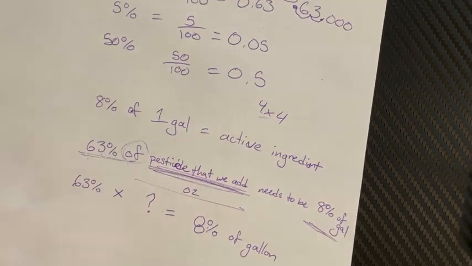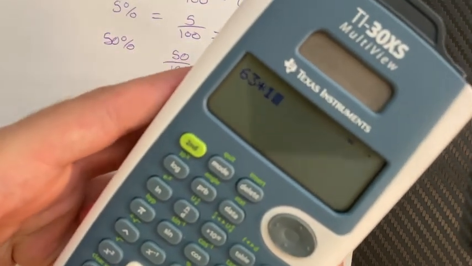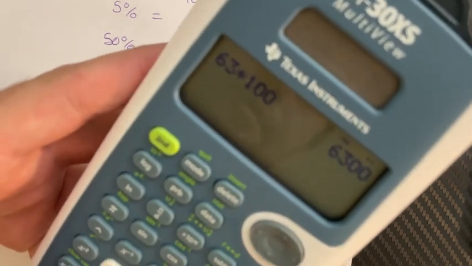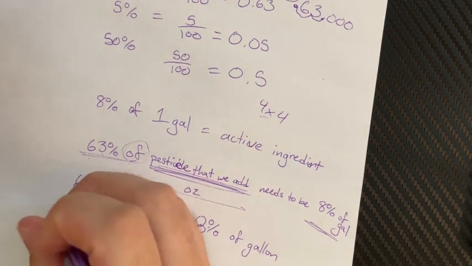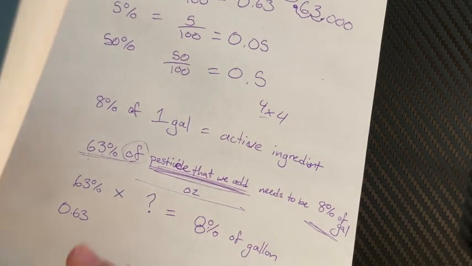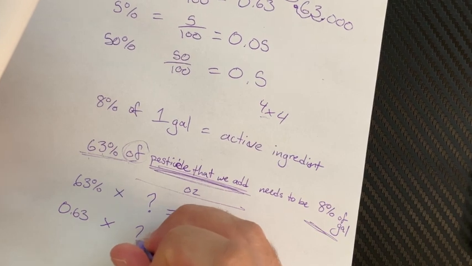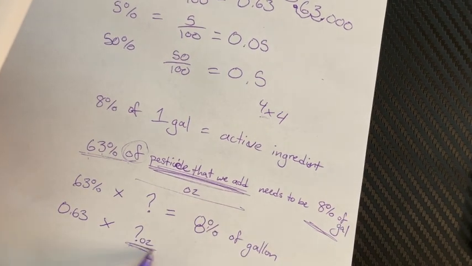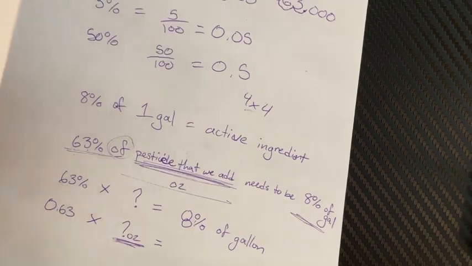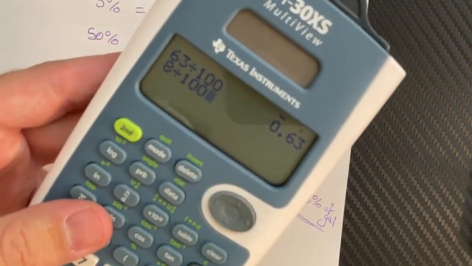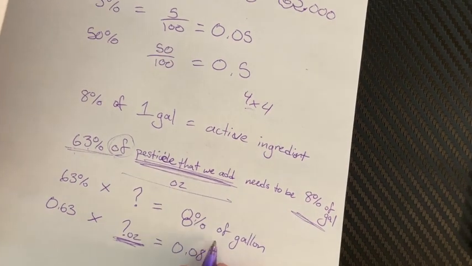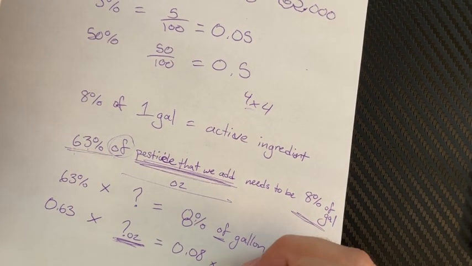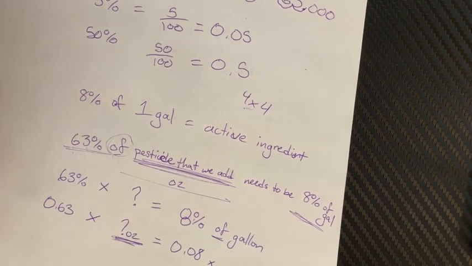And now let's remember, percent just means divide by 100, so 63 divided by 100, whoops, that's times. 63 divided by 100 is 0.63 times however many ounces we're going to add, so this is our answer, we don't know it yet, equals 8%, so 8 divided by 100, 0.08, there's another of, times the gallon, okay?